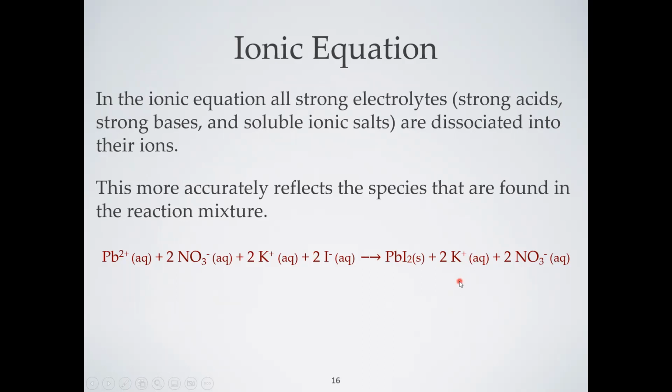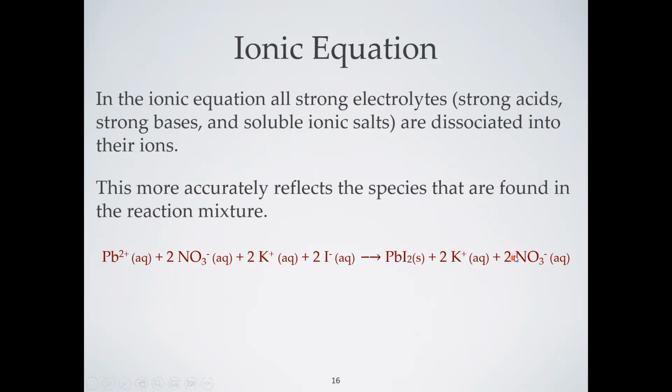So this ionic equation gives us a better picture of what's truly happening there, because with lead(II) nitrate or potassium iodide, or the potassium nitrate solution that's being formed, we don't actually have those substances as a lead(II) nitrate molecule or a potassium iodide molecule. Now we've got them as the dissociated ions, and that's what this ionic equation is reflecting, the true nature of those substances.